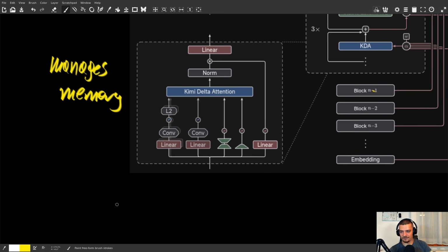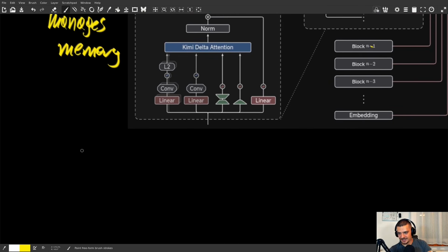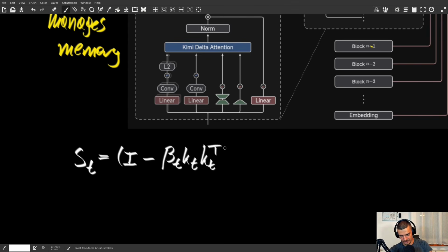And it does that with a formula that defines the current state. So this formula, when you see it the first time, might be confusing, but once you understand the components, it's quite obvious. So I'm going to write it down first. S_t is the current memory state, or the memory state at time t. This is the result of taking the identity matrix minus a parameter beta_t, because this is input dependent, times k_t, the key, k_t transposed.